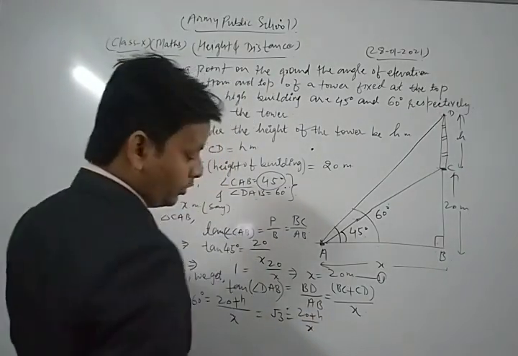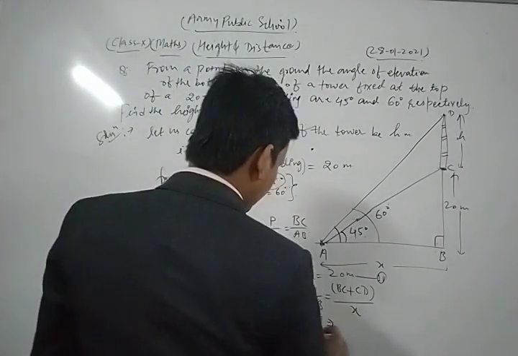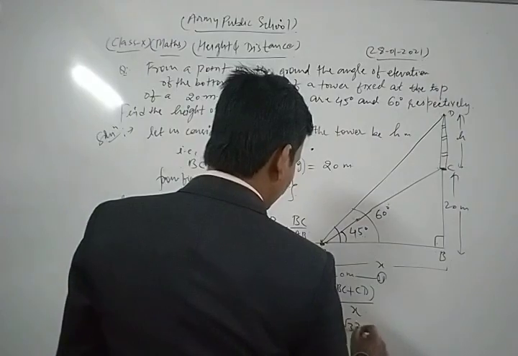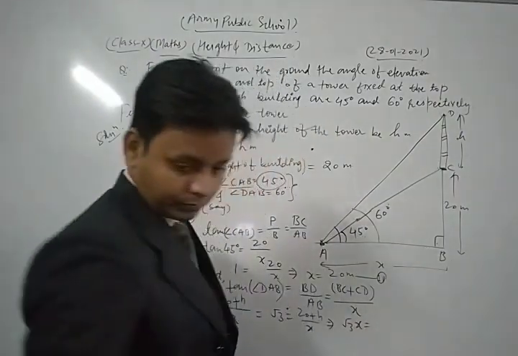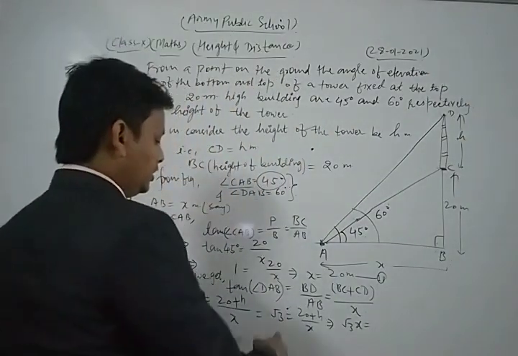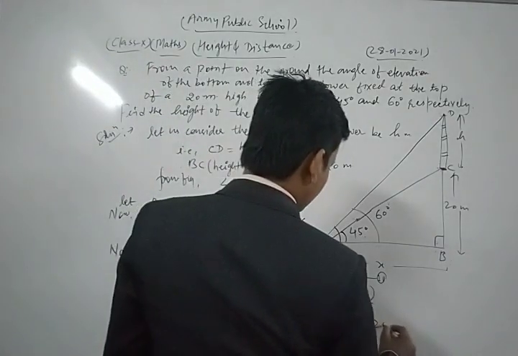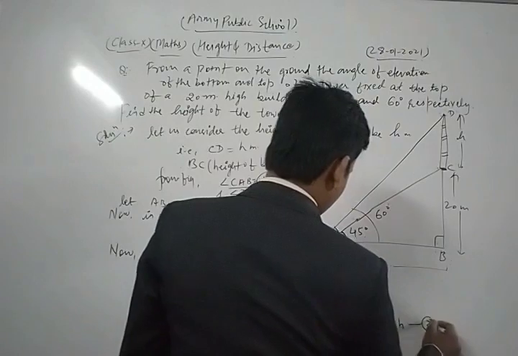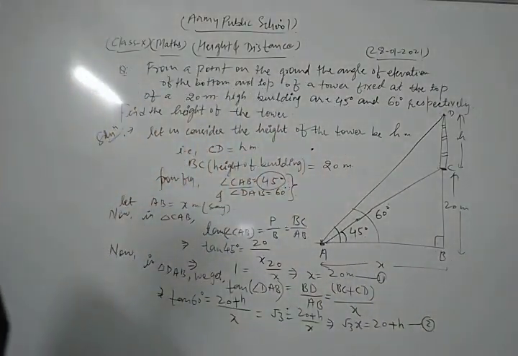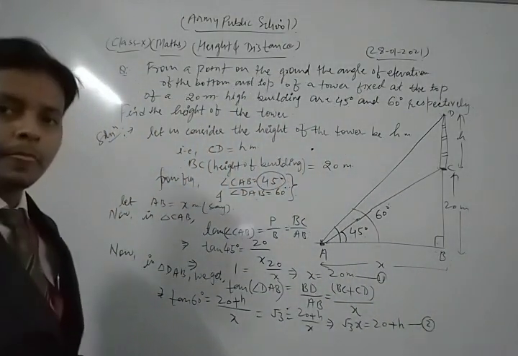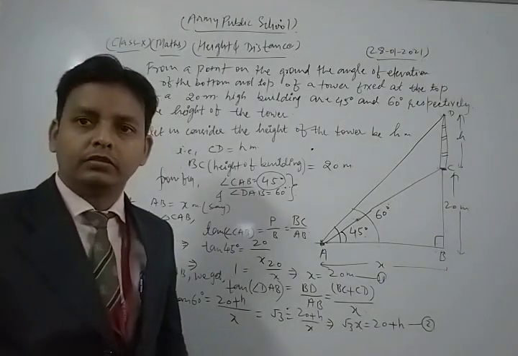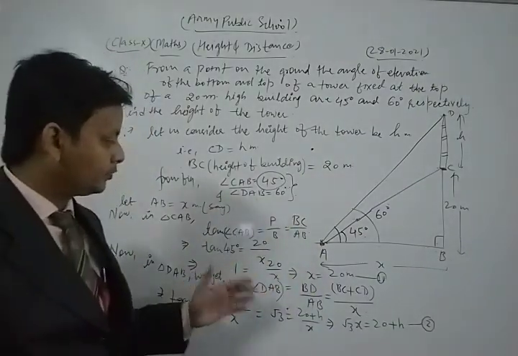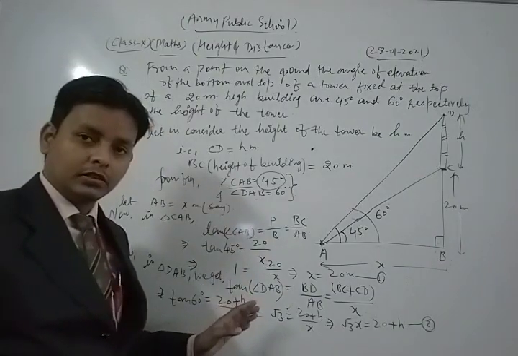Now we do the cross multiplication, so we get root 3 into x is equal to 20 plus H. Take this as equation number 2. Thus, dear students, in this way, first of all, according to the figure, we draw two important relations.